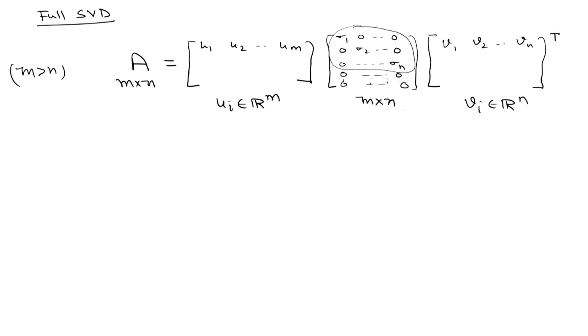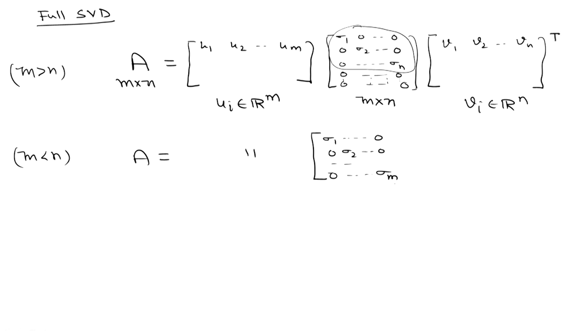Now, this is the case if m is less than n. Then A will remain the same, only S will change. Now the shape of S will be sigma 1, 0, 0, sigma 2, 0, 0, 0, sigma m.